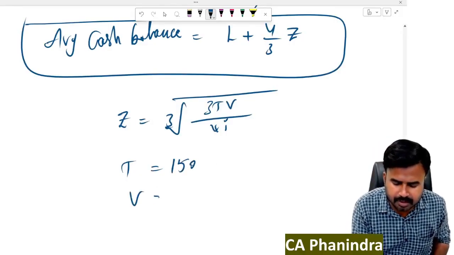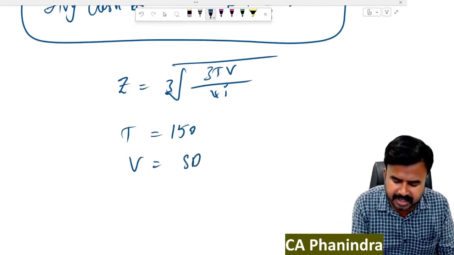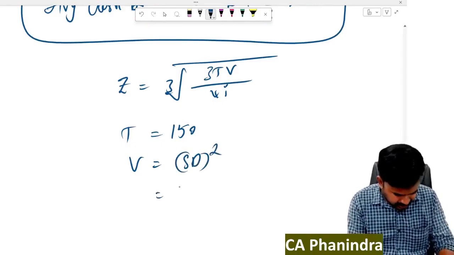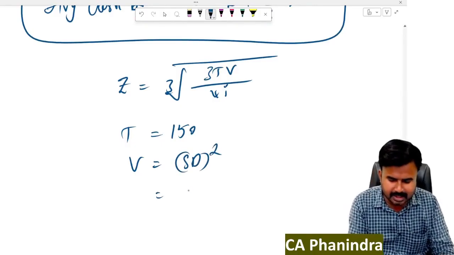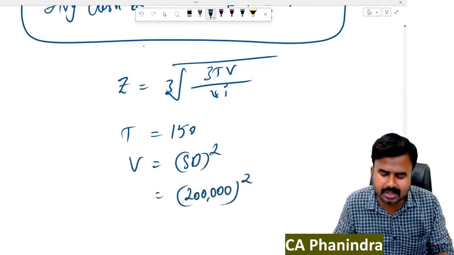And I need the variance of daily cash flows. How to get it? Simple: standard deviation squared. My standard deviation of daily cash flows is 2 lakhs, so it will be 2 lakhs square.